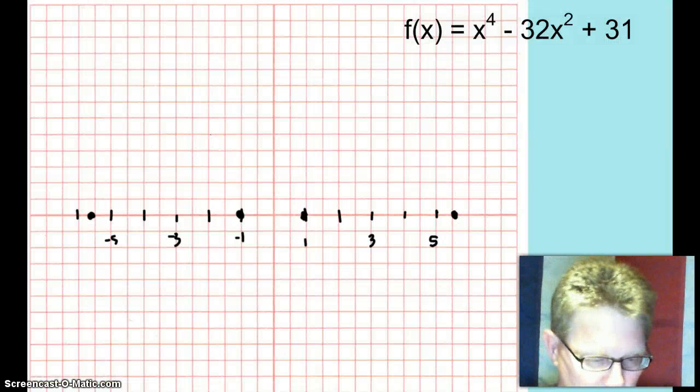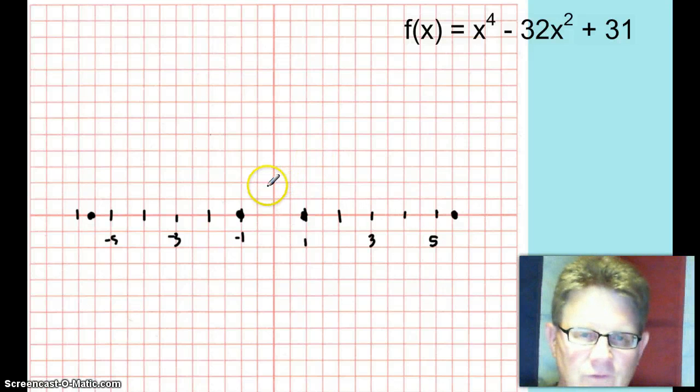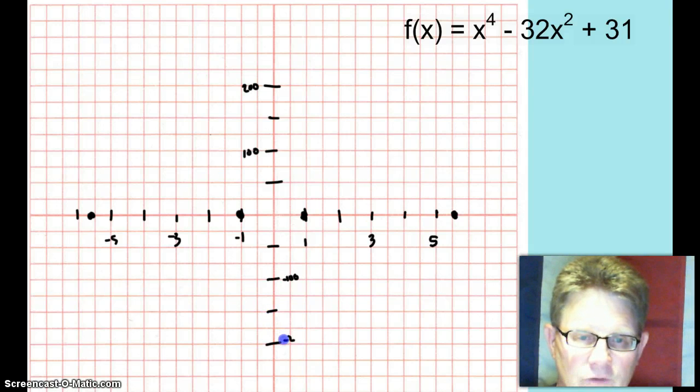I'm thinking that we should go probably every 50 here. So 50, 100, 150, there's 200, negative 50, negative 100, negative 150, negative 200.